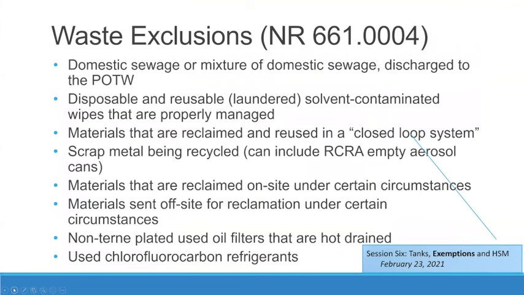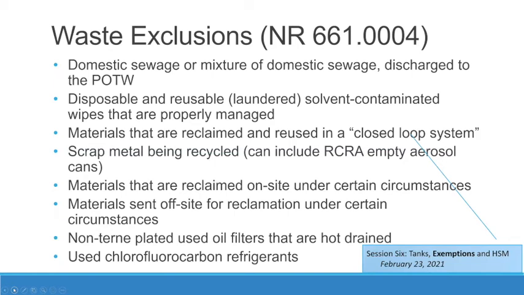Exclusions. Well, we talked about exclusions, and there's a series of exclusions. So these are materials that, if I hit some of these wickets identified on this slide, that material is actually not a waste. So for example, if I have a material that gets mixed with my sewage discharge and sent down the drain to the sewer authority, even though technically it may be a hazardous waste, it isn't, because it's under the domestic sewage exclusion.